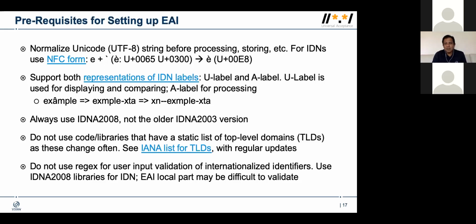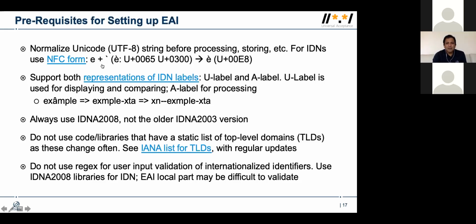You can have a multiple key sequence, or it could be a single key sequence. So in this case, you may give different code points or Unicode points, right? Now, if you consider this E with the accent, right? Because this is a glyph, a local language script, E with the accent.